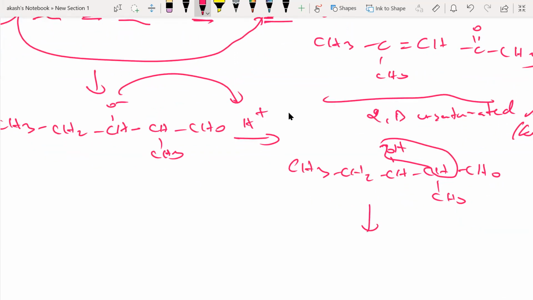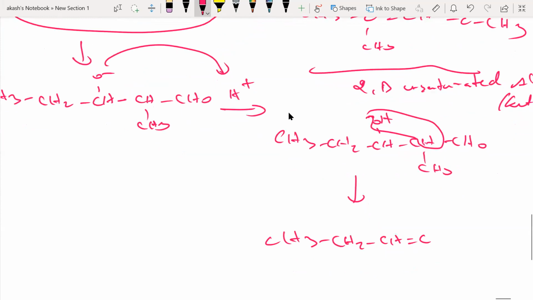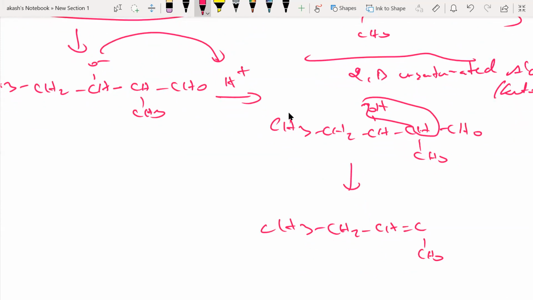So if you remove the H2O, we are going to form CH3CH2CH double bond C, the hydrogen is not there, people. Okay, now the hydrogen is not there. CH3, and that is attached to your CHO. That's it. This is your final product.